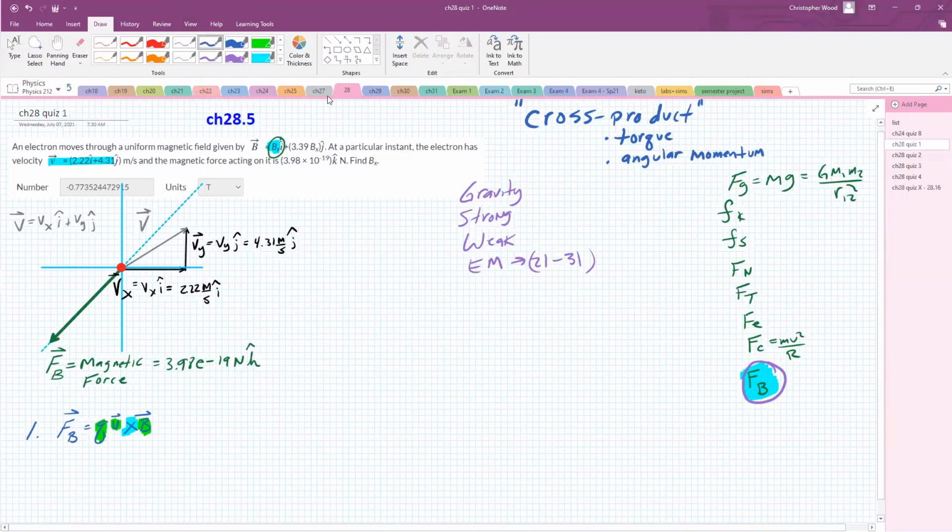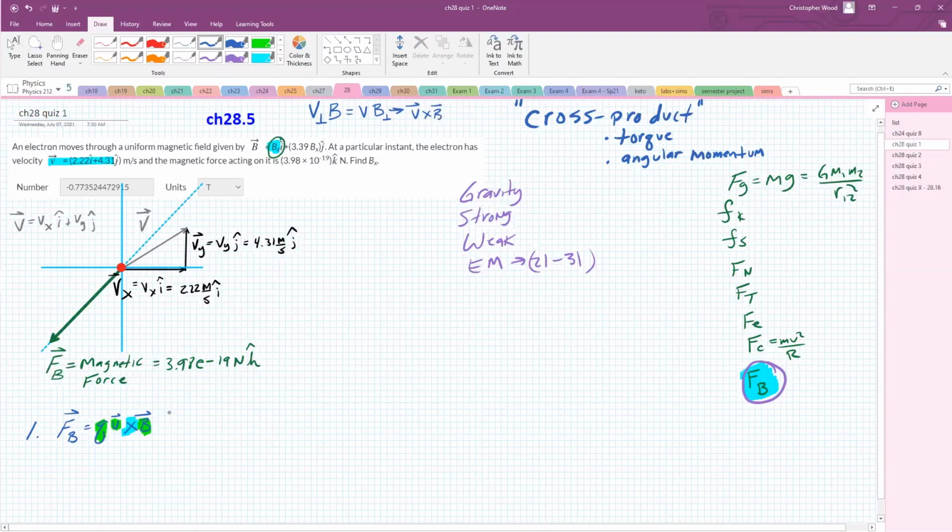I want to find the component of velocity that's perpendicular to the magnetic field, or completely equivalently, I want to find the component of the magnetic field that's perpendicular to the velocity and multiply them together. And you know what does this? v cross B, product of perpendiculars.